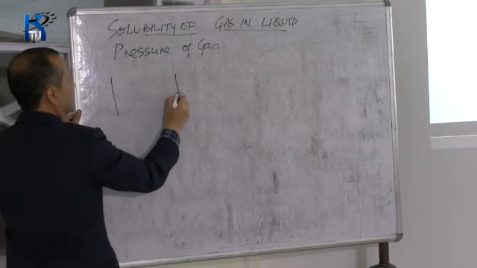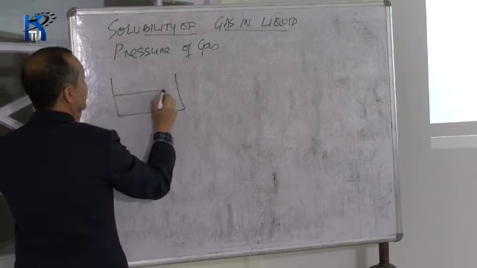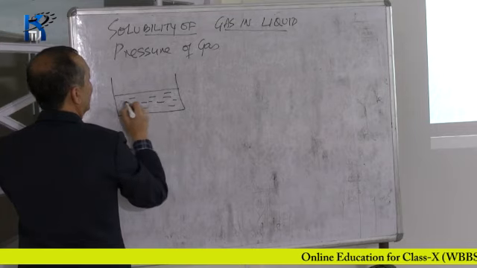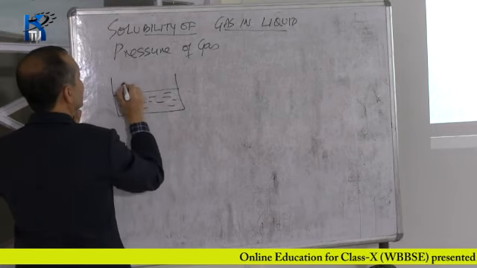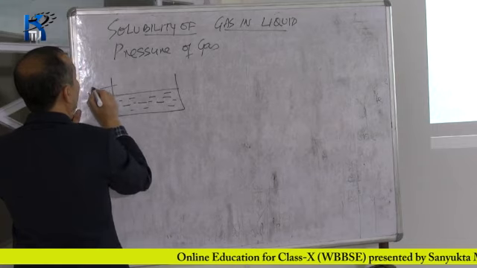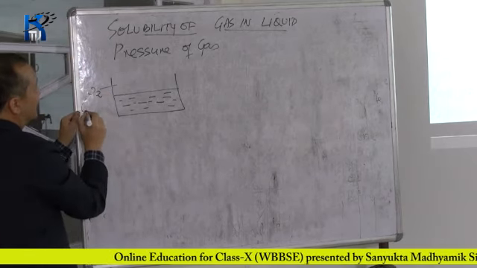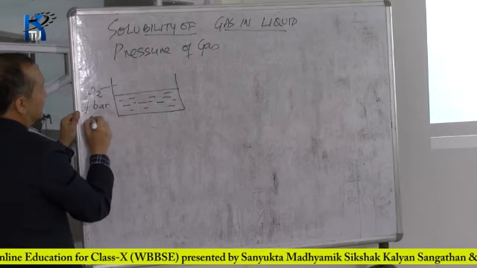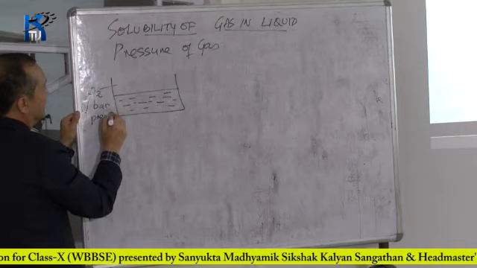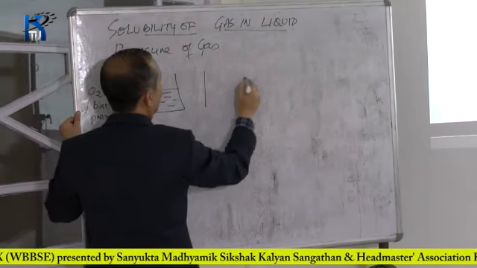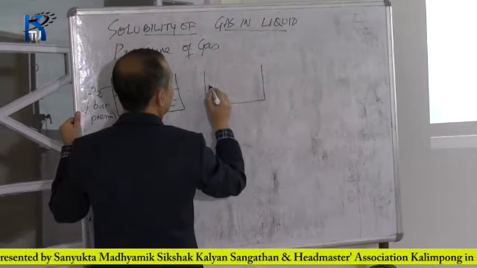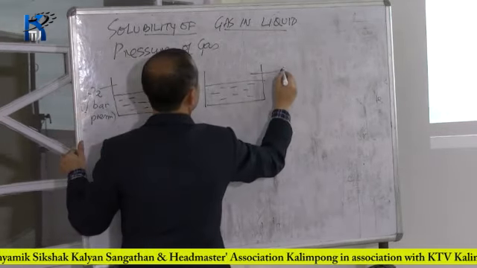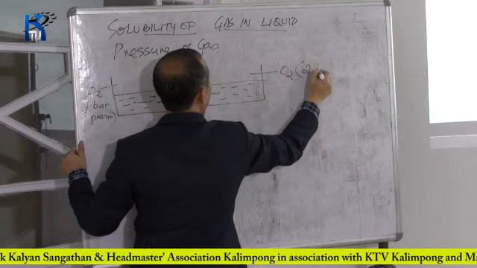See, the explanation is very simple. Supposing this is a beaker, a container containing water, and above it is a gas, say oxygen. Supposing oxygen at 1 bar pressure, and here oxygen at, say, 2 bar pressure.